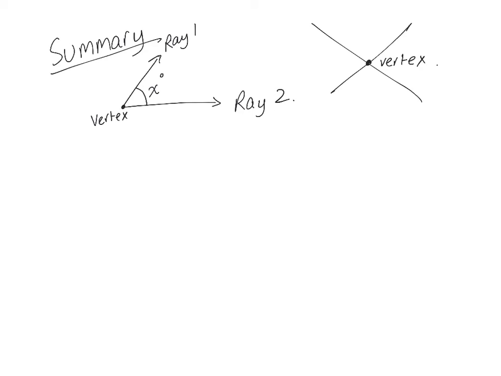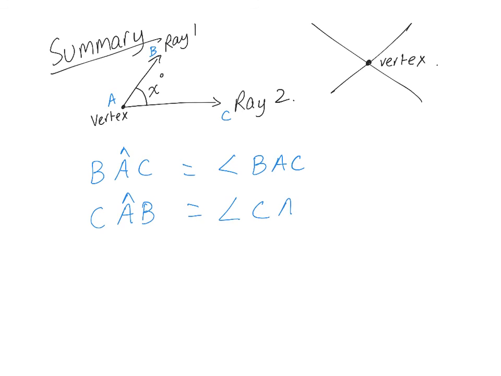So your angle could be, let's give it a name, A, B, and C. So your angle could be BAC or angle BAC, or it could be CAB or angle CAB. Let's make this more straight so that it looks like this.